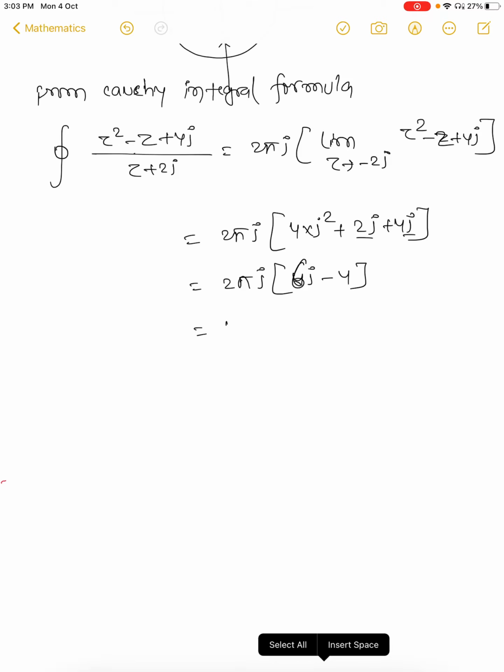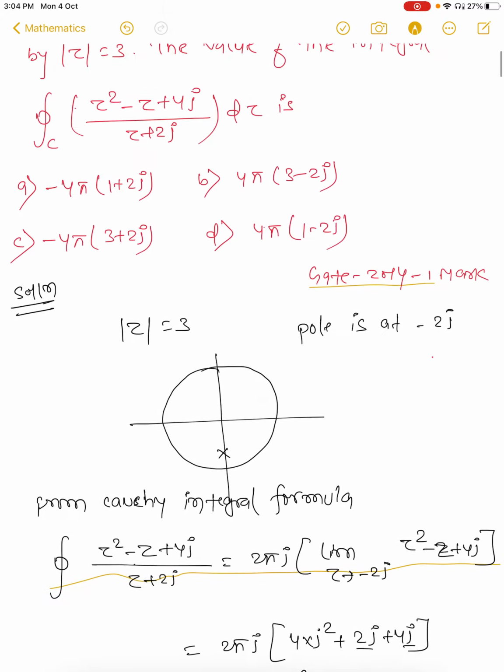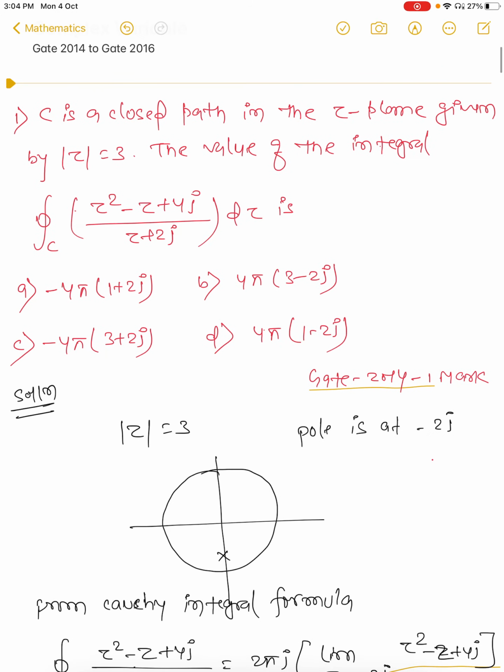So what will happen? 4 pi times (3j square minus 3) and minus 2j. So we can say minus 4 pi (2j plus 3). Option C will be the right answer.